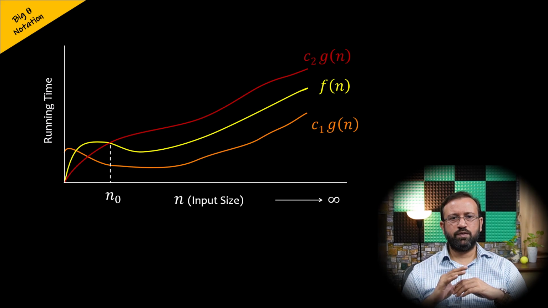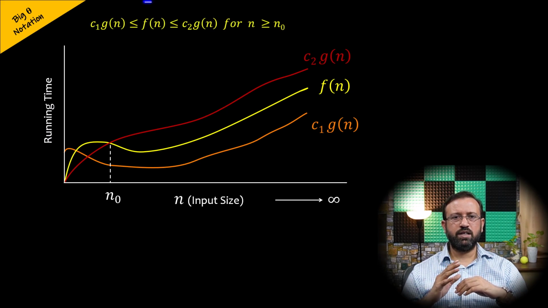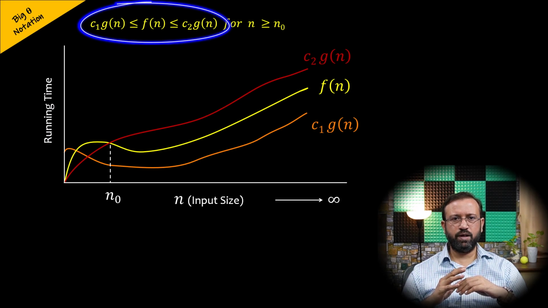If you observe, the function f of n is bounded between c1 multiplied by g of n and c2 multiplied by g of n. Now, mathematically, we can write this as c1 multiplied by g of n is less than or equal to f of n, and c2 multiplied by g of n is greater than or equal to f of n for n greater than n0.